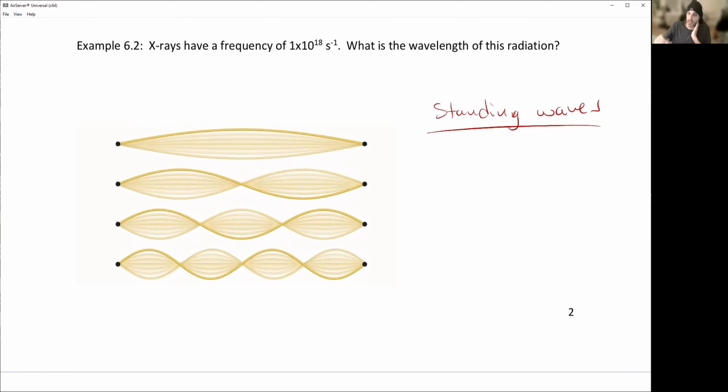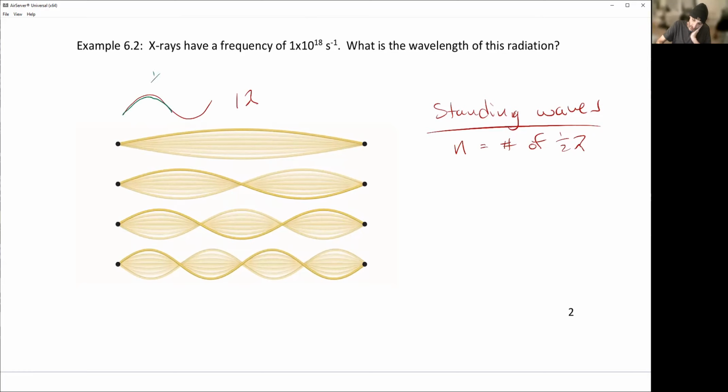Standing waves are going to contain n number of half wavelengths, where n is equal to the number of half wavelengths. Okay, so you can see a half a wavelength. If we look at just one wavelength, that's going to be one wavelength. Well, a half a wavelength would simply be that.